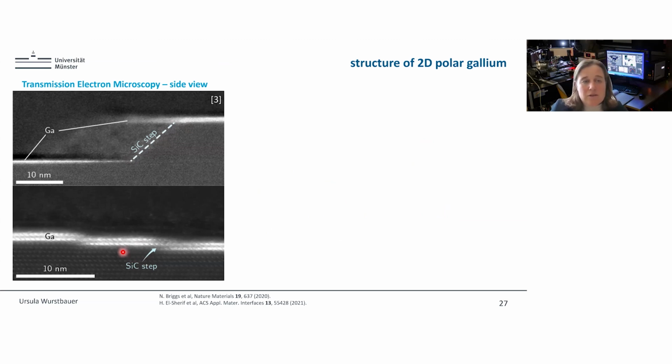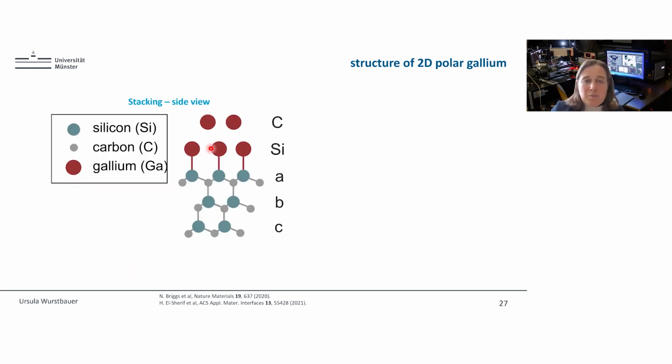Depending also on the terrace sites, you always see this nice intercalated, very well arranged layers of gallium in this example. The bilayer is formed such, as mentioned, that the lowest layer is covalently bonded to the silicon, and then the next layer sits either on the carbon side or presumably also on the hollow side.